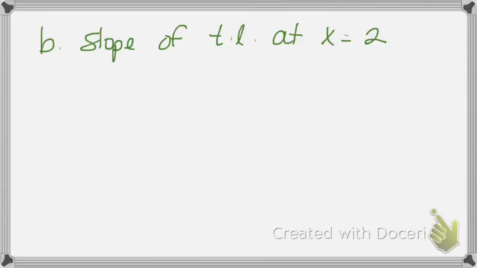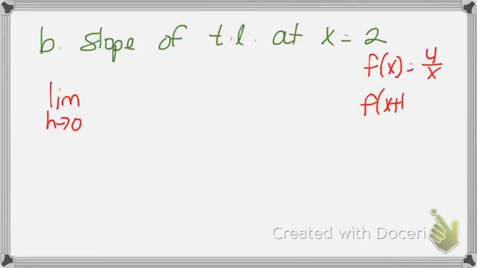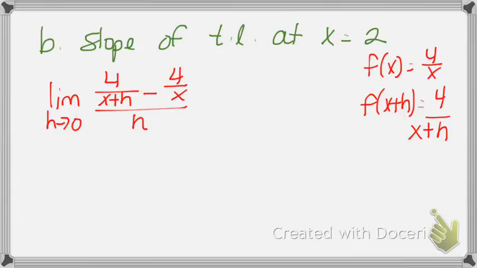Alright, in order to do it, I'm going to do the whole limit formula. The limit as h approaches 0 of f of x plus h. So f of x is 4 over x. F of x plus h is 4 over x plus h. So I'm going to do 4 over x plus h minus f of x all over h. And what that's going to give me is f prime of x, which is a formula for the derivative. Now, I'm not going to spend time working it out because I think you can do that.